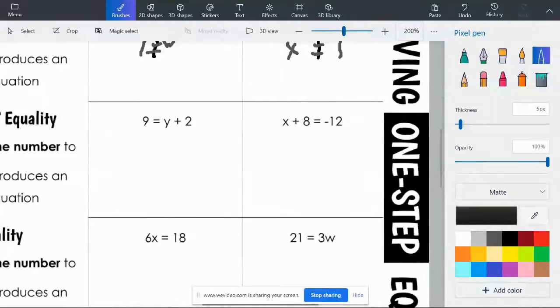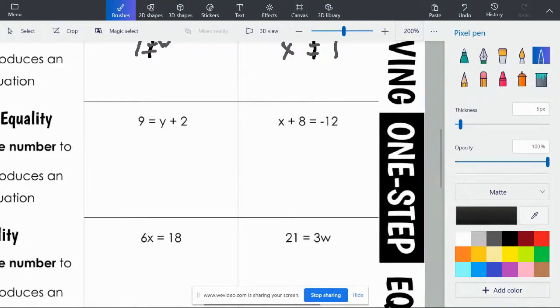All right. So if we look at this over here, we can do the same exact thing. Split our equation in half. We have a left side over here and a right side. We're adding something to our variable. To get rid of addition, the inverse operation is subtraction. So all we have to do is subtract 2 from both sides.